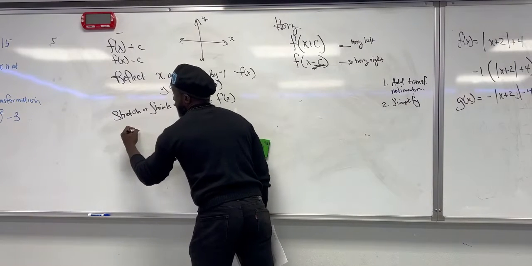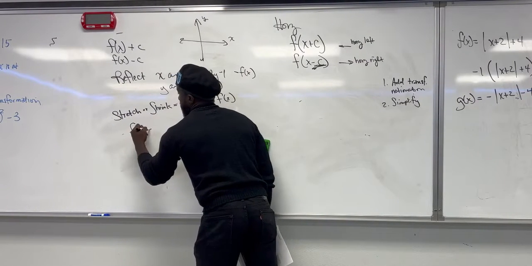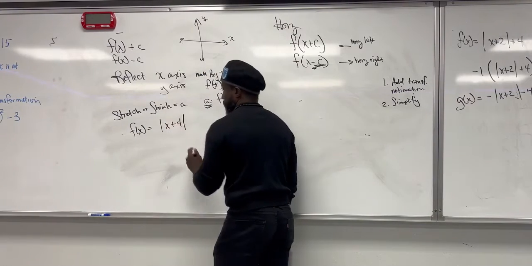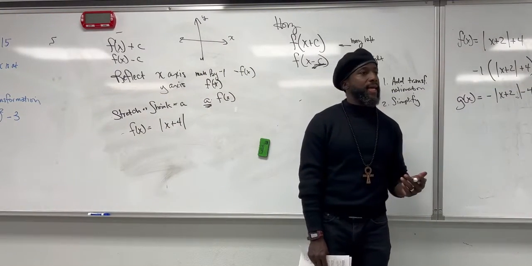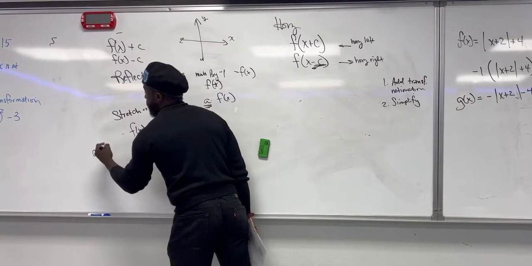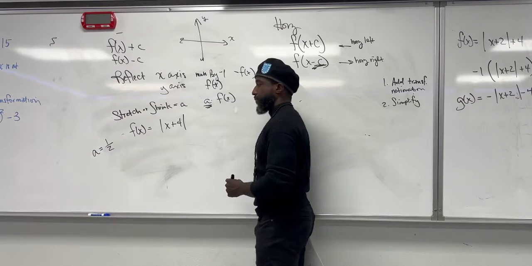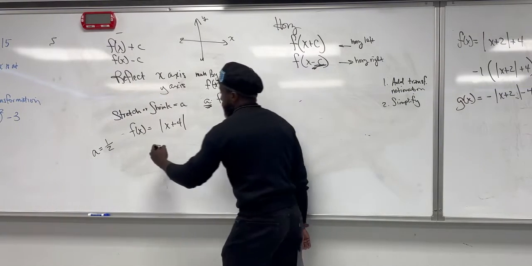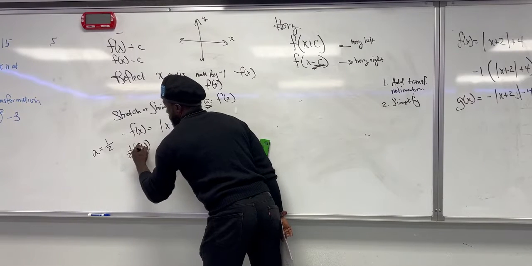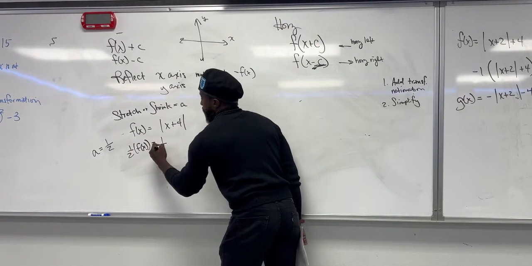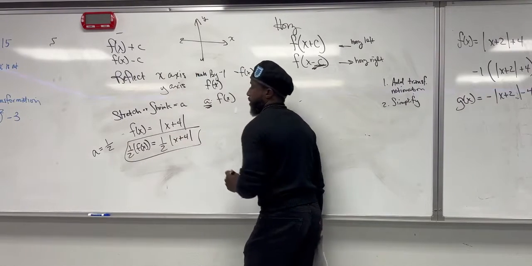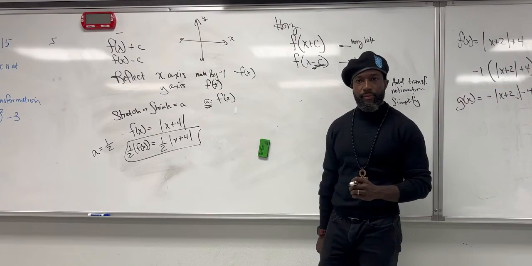If I had f of x equals the absolute value of x plus 4, and I said that it shrunk by a factor of a equals 1/2, it'll just be 1/2 times f of x. So the answer would be 1/2 absolute value of x plus 4. That's it, right? That's what that'll be, okay?